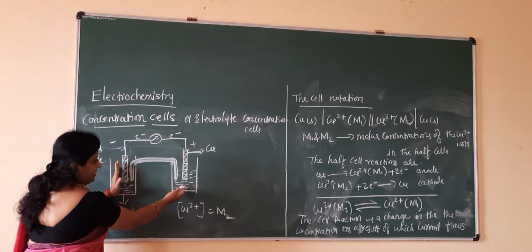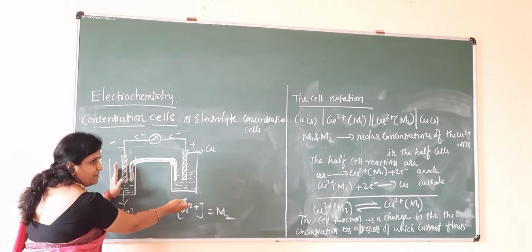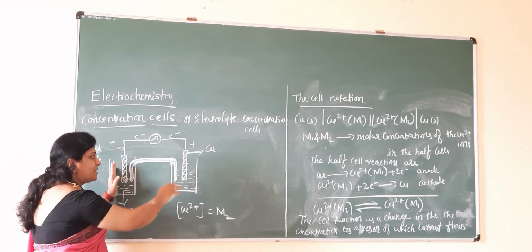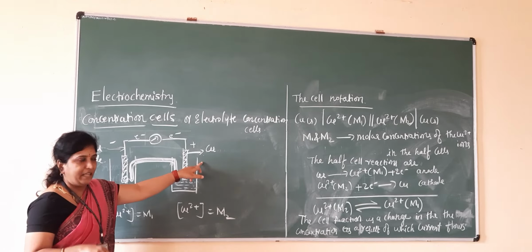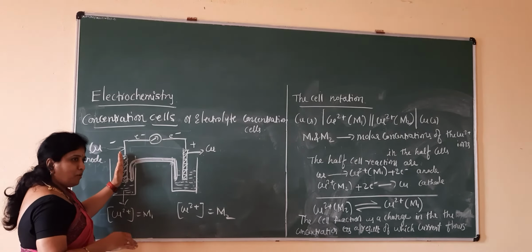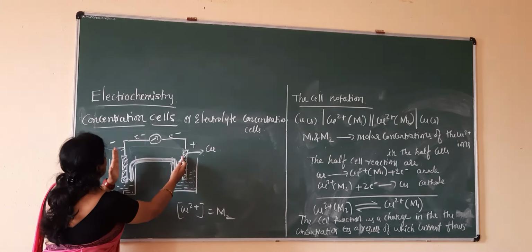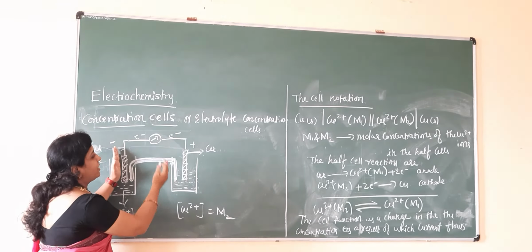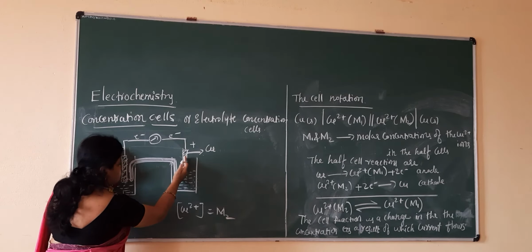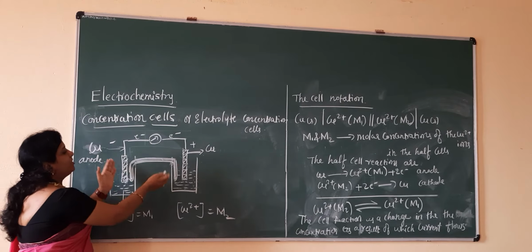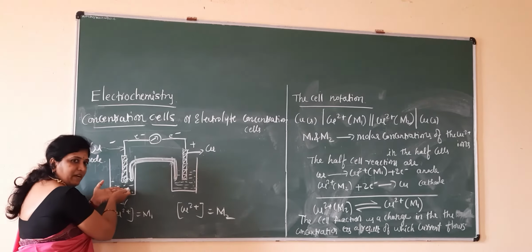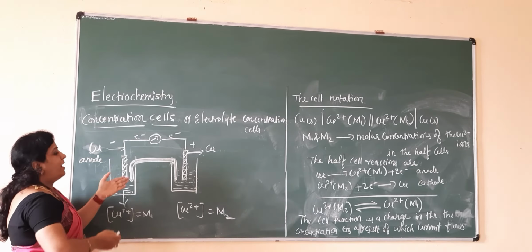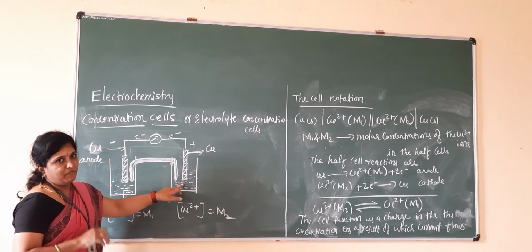In one more container we have taken again copper sulfate solution, and we have taken again copper, which is going to act as a cathode. So here also copper, here also copper. This copper will act as an anode, and this copper will act as a cathode. Both the coppers are dipped in the electrolyte, and here also copper sulfate solution, and here also copper sulfate solution.